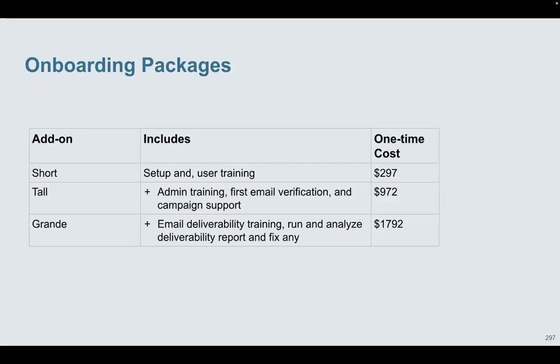Again, one-time cost $972. And grande, we also train you on how to make sure that you're following the best practices when it comes to email deliverability. So we provide training on that, like a 1-hour training. And then also we can help you analyze your deliverability report for your template infrastructure.